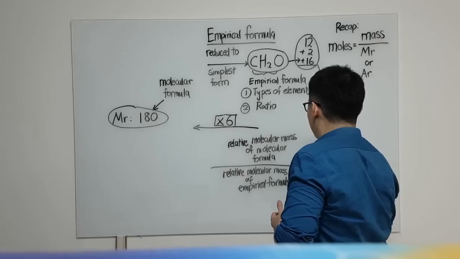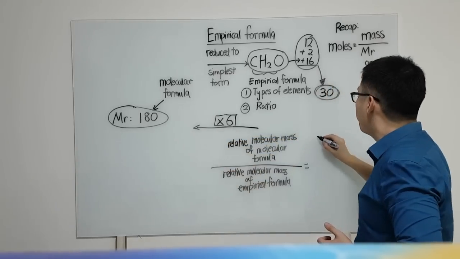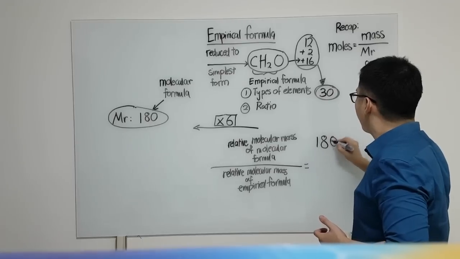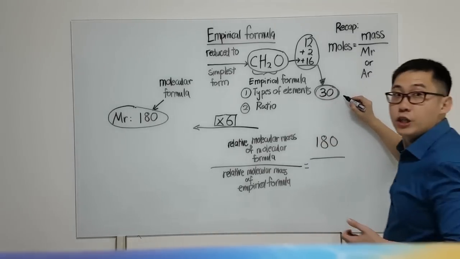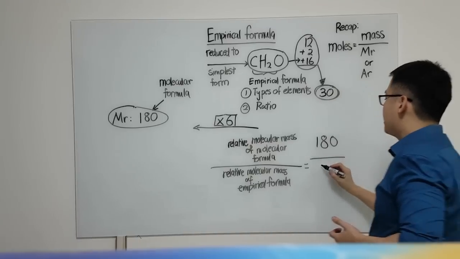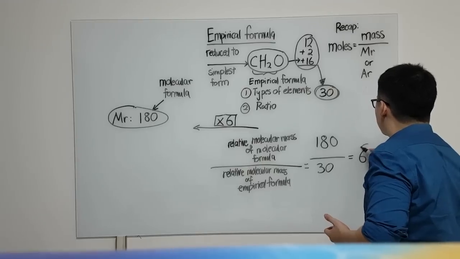So in this case, this is 180, and I divide by 30, and as a result of this, you will find that this is equal to 6.